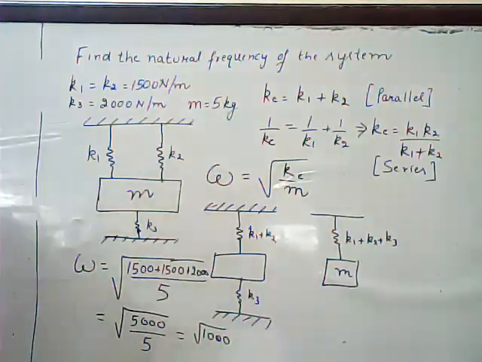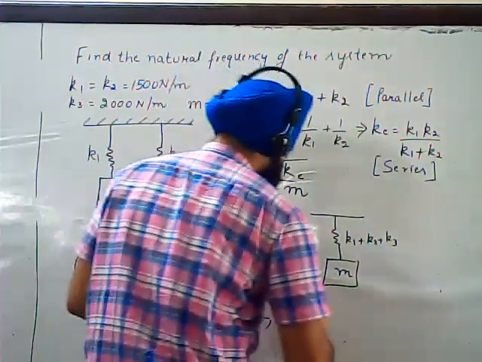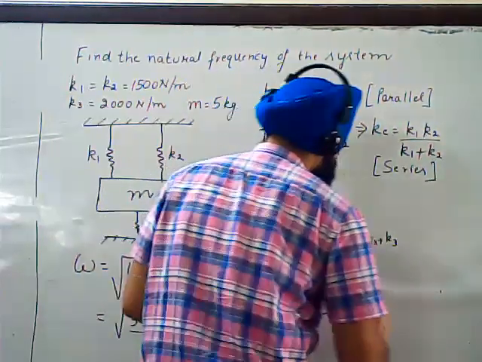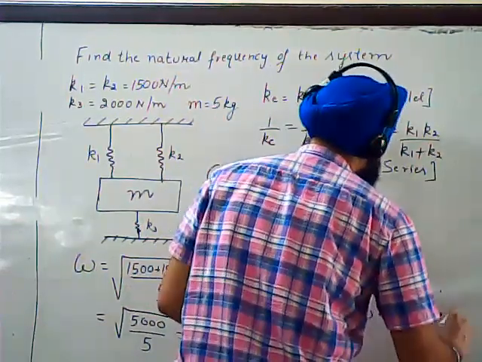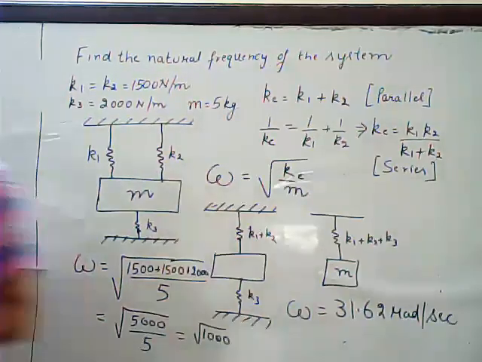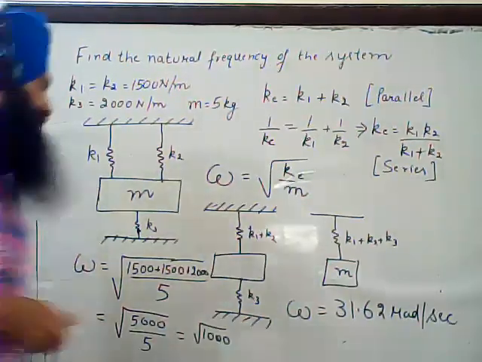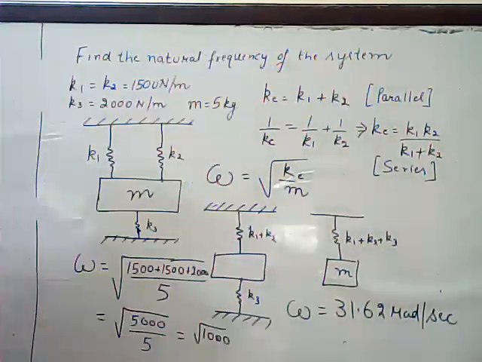Its value will be 31.62 radian per second. The units are radian per second. So this is the natural frequency, omega is equal to 31.62 radian per second.